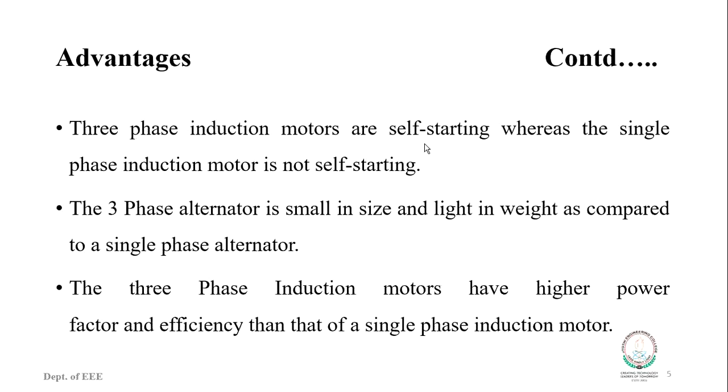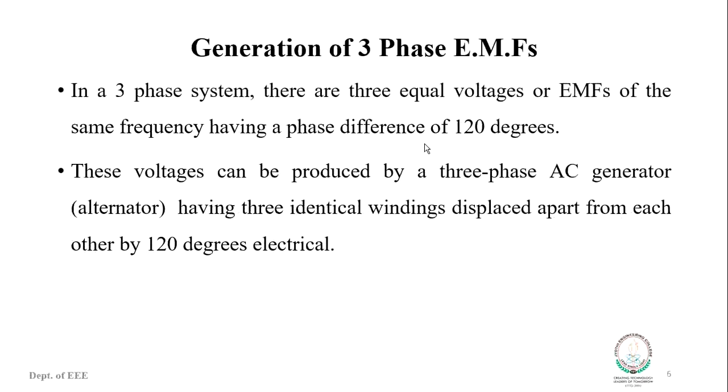That is why we are using the three-phase system in almost all industries and also for power generation, transmission and distribution in our country. Now, we look into the details of the generation of three-phase EMF. So, what is a three-phase EMF? A three-phase system consists of three equal voltages of the same frequency and magnitude, having a phase difference of 120 degrees.